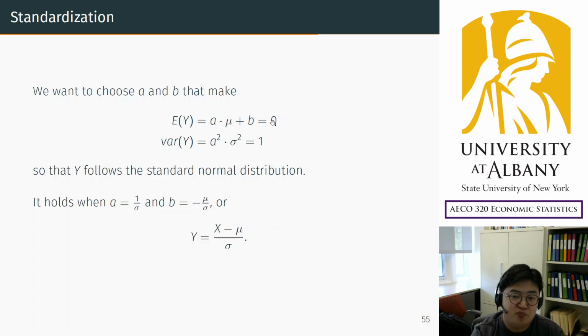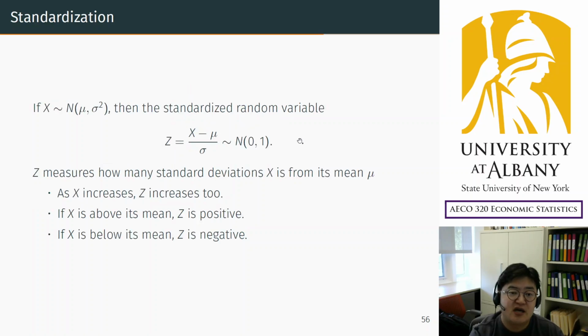So it becomes 0. That is, if you define y like this, x minus mu over sigma, then this y always has mean 0 and variance 1. So we know how to handle that. That is a standard normal distribution. That is the standardization process, right?